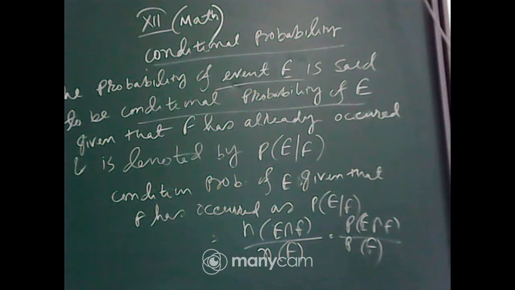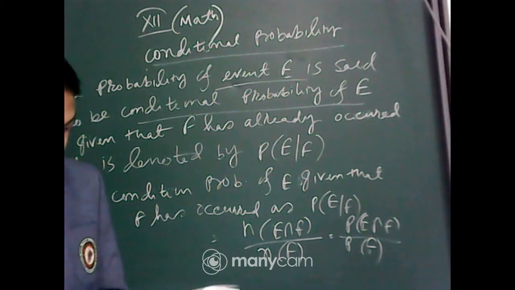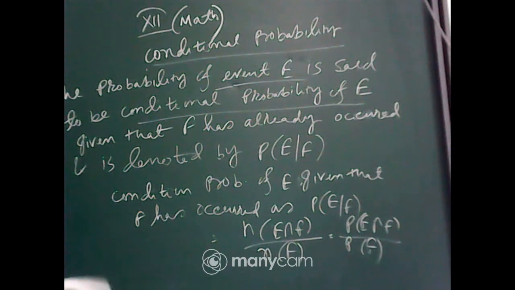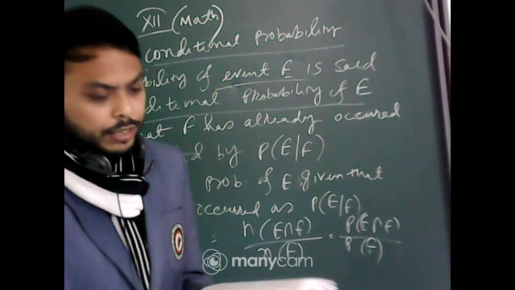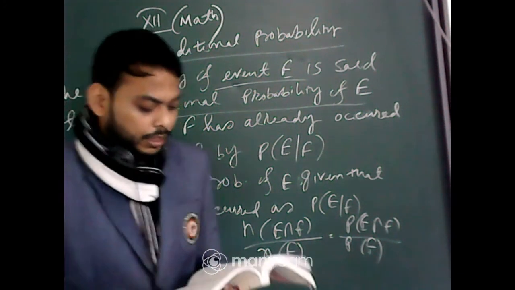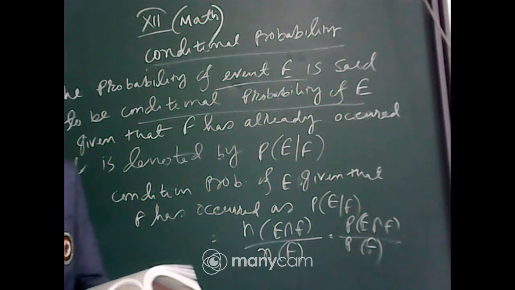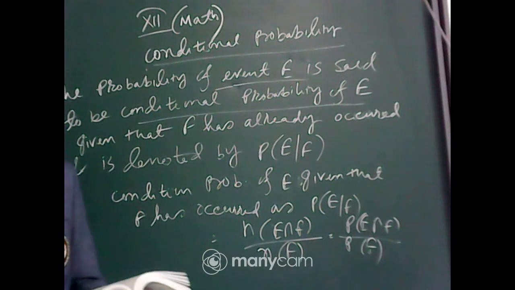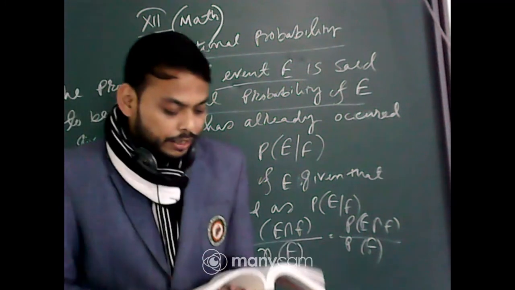So now move on to the exercise. Here you will get many examples. Suppose I am telling you one problem, problem number 10 from 539. A black and a red die are rolled.